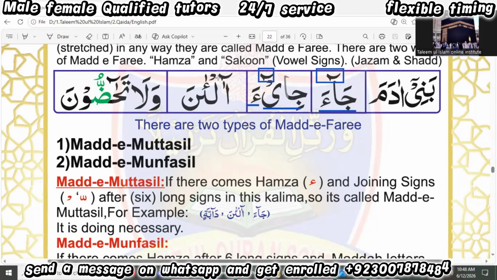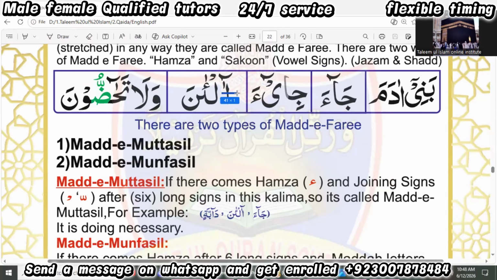Now this is standing fatha. Standing fatha is a long sign, and there is sukoon after the long sign. So we will stretch this one 5 seconds long. Same here. After a standing fatha, there is a tashdid. So what will we do? We will stretch this standing fatha 5 seconds longer. How will we read this one?